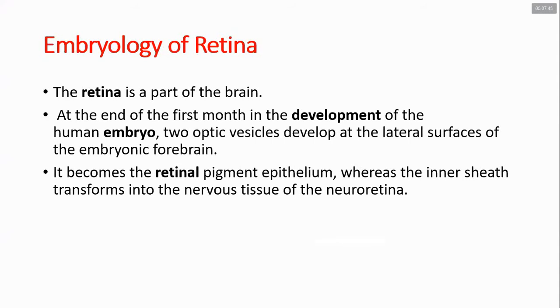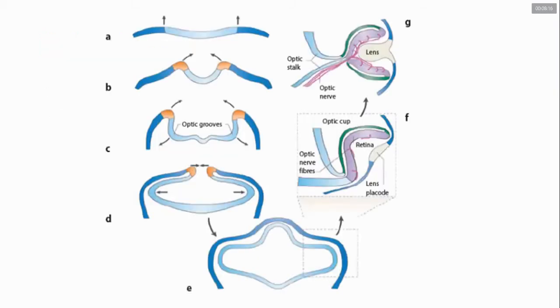From the diencephalon, there is a pouch, the optic vesicle, which gradually invaginates and forms a cup, and in that cup there are two layers. The outer layer differentiates into the pigment epithelium, and the inner layer into the neural retina.